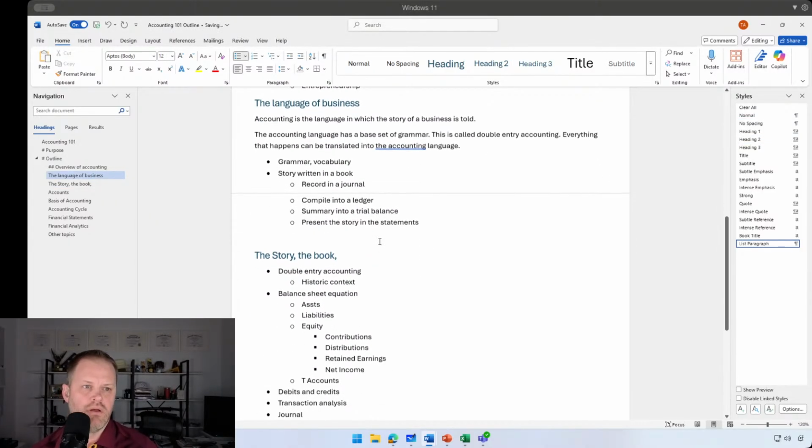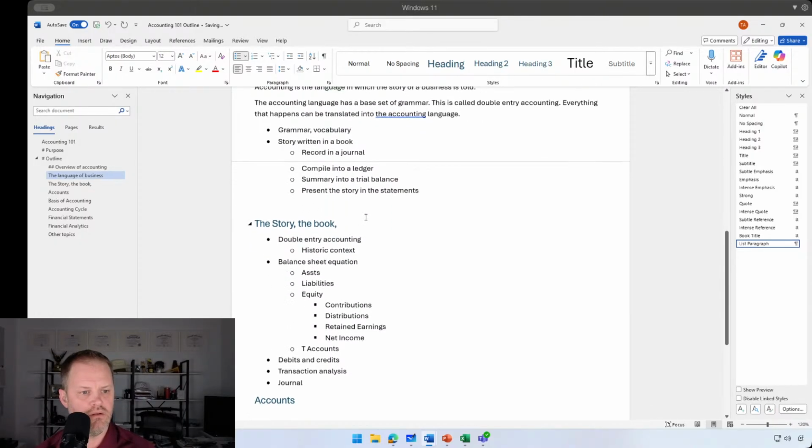So it's kind of high level. So accounting is the language of business. And then accounting language has set base grammar.